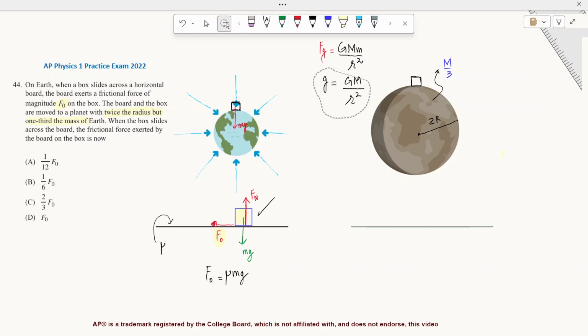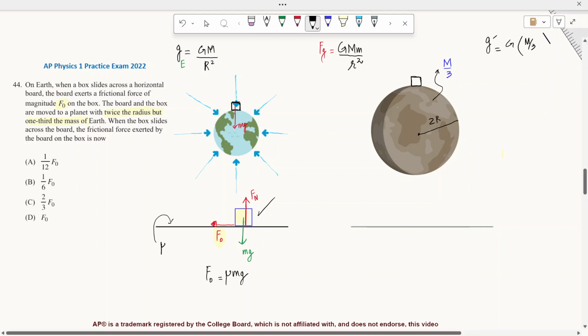So, first of all, let me show you that this is the gravitational field strength of the earth, right? It is better if I use the capital R here because it is placed over the surface. Now, what is the gravitational field strength of this planet? Its mass is M over 3, and its radius is twice.